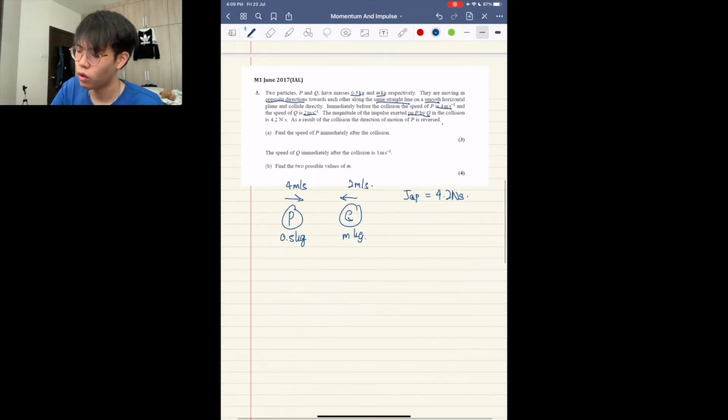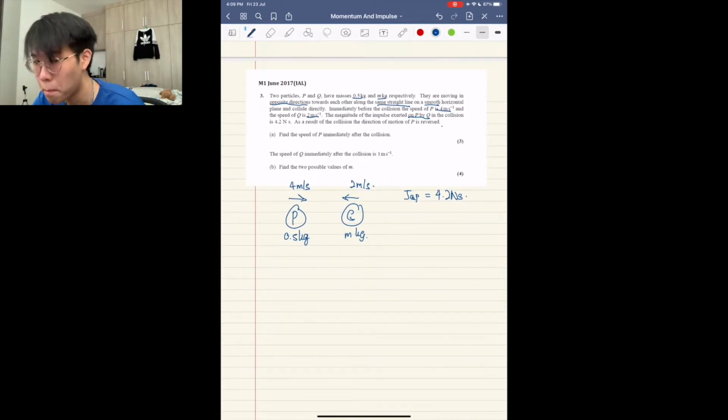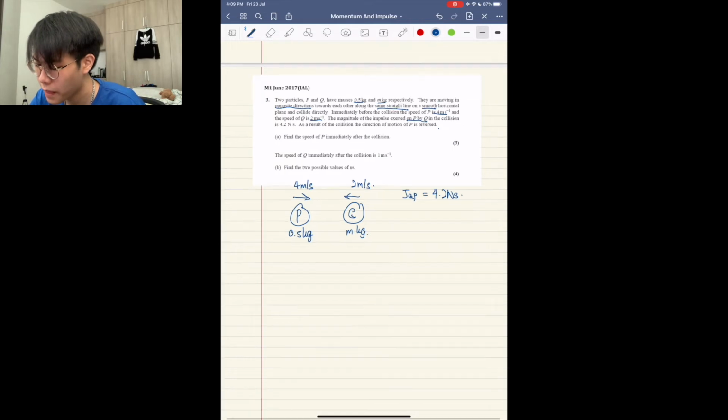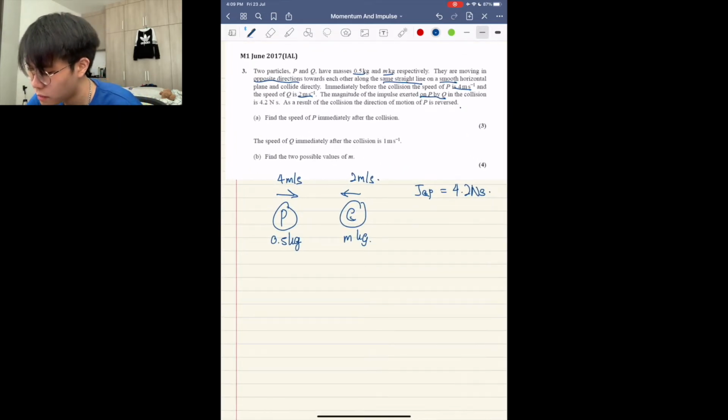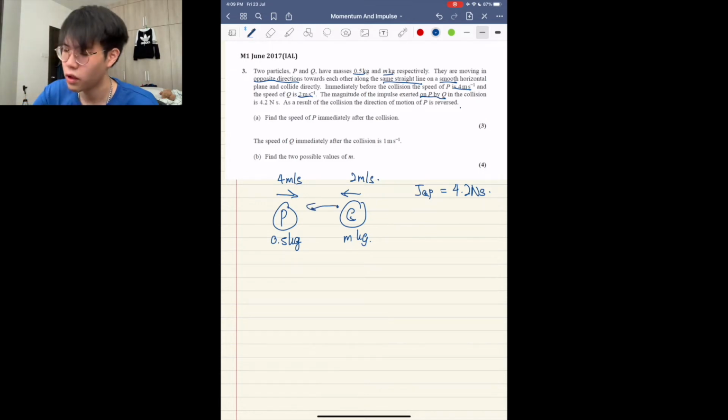We also need to know which direction this impulse is. Since it's by Q on P, the impulse is towards the left, so I can draw a direction here towards the left.